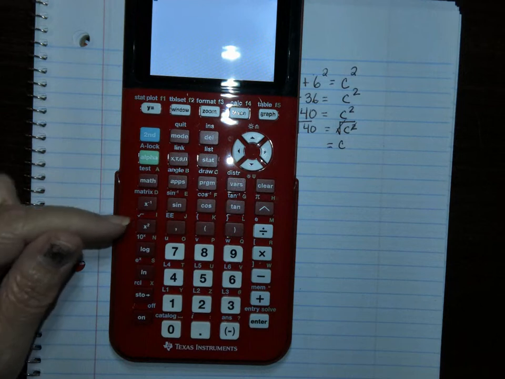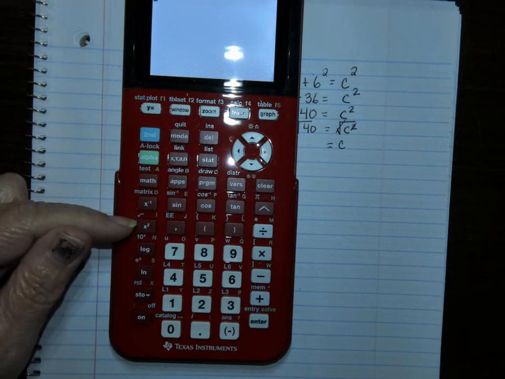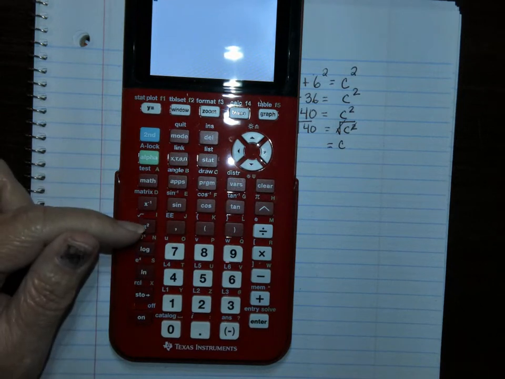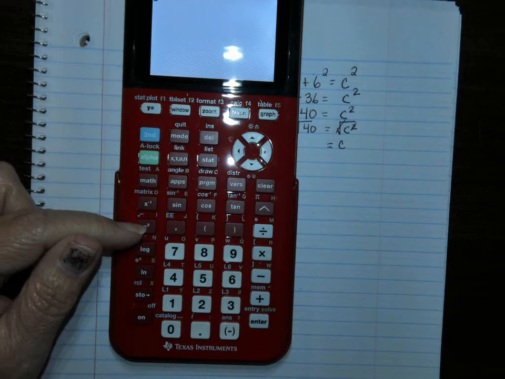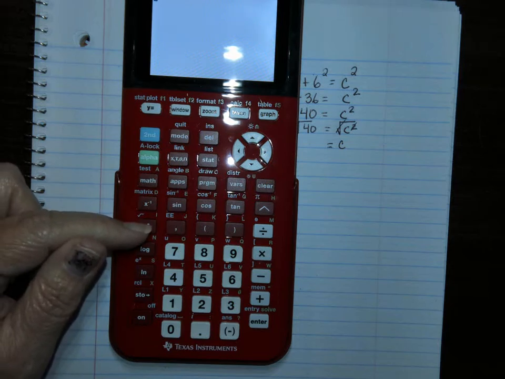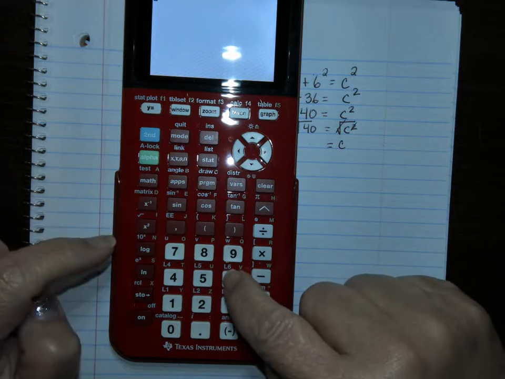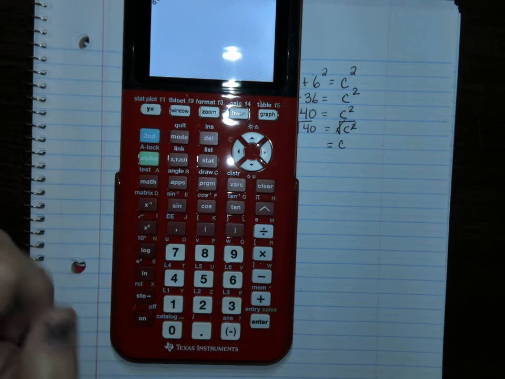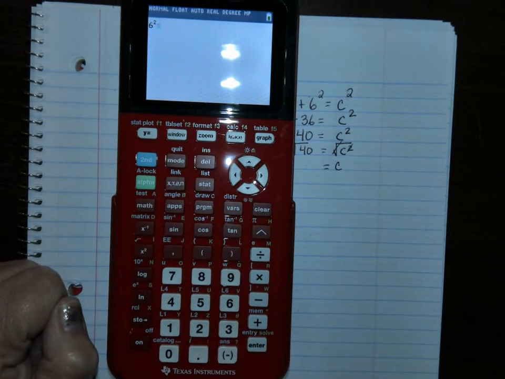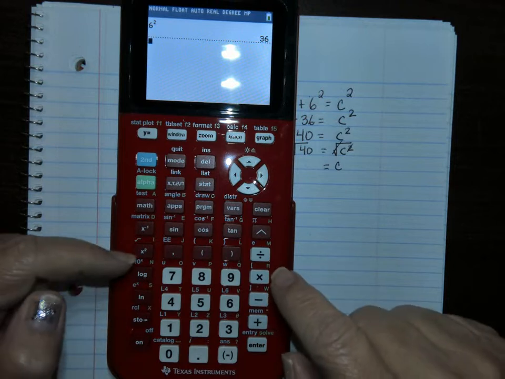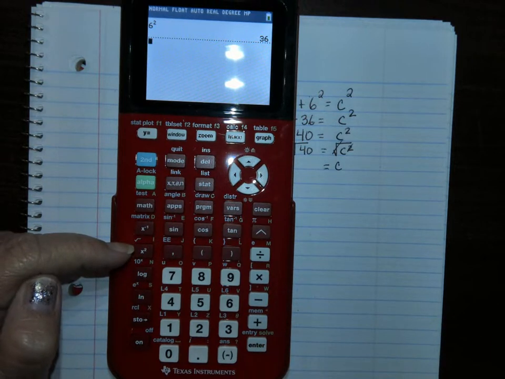So if you look on your calculator over to the far left, a little bit up from the 7, we've got this button that says x squared. So if you want to square a number, you're going to press this button. So like if I didn't know what 6 squared is, I would do 6 squared. Right? 6 squared is 36. But on top of that little x squared is the square root sign.